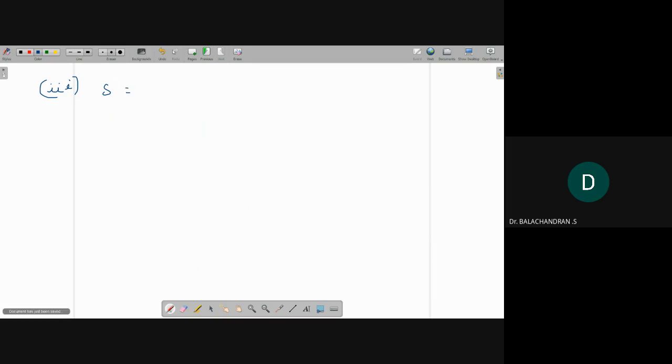So, third problem: sum to infinity of the series.